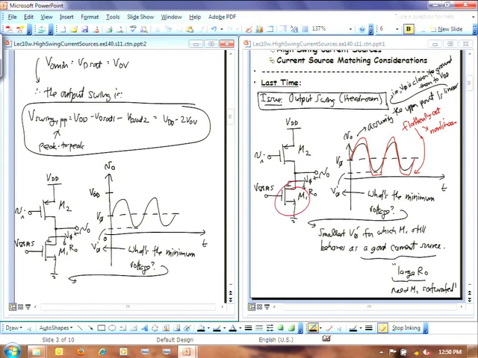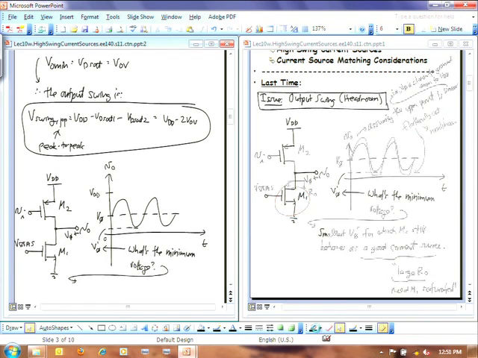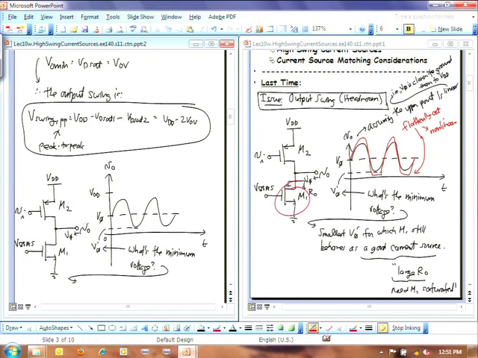Okay, and so in our calculations from yesterday, if we're looking at this output device, then the lowest that this voltage can get is going to be equal to an overdrive voltage, right?